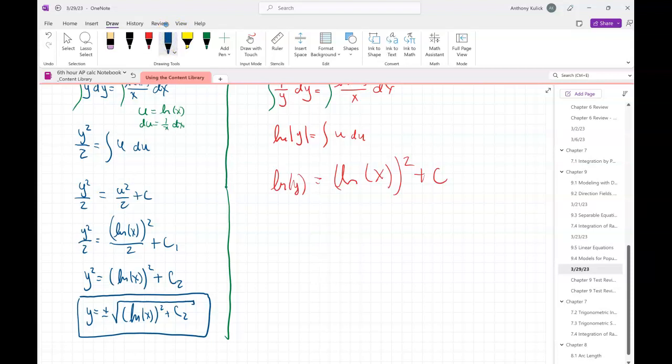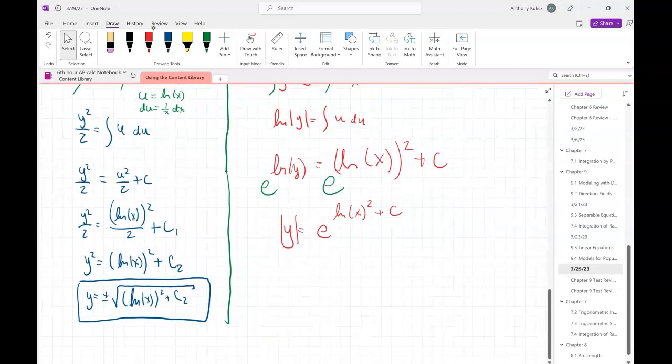We've got to get rid of the natural log around the y. So I'll do exponent base e to both sides. I can then drop the natural log or the absolute value with the plus or minus.